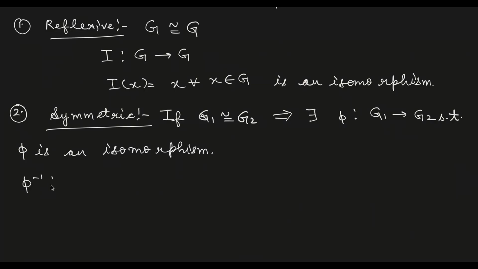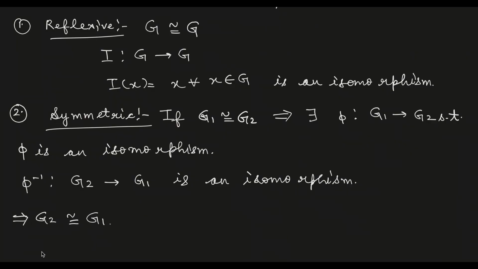Phi inverse will be mapped from G2 to G1, and we know that inverse map is only possible when the map is bijective. So as phi is an isomorphism, it is both one-one and onto. That's why I am able to write this inverse. This is an isomorphism. This implies G2 is isomorphic to G1.